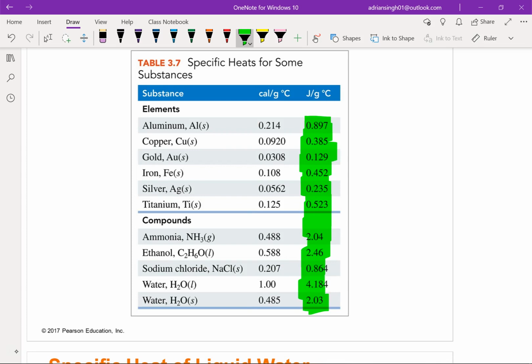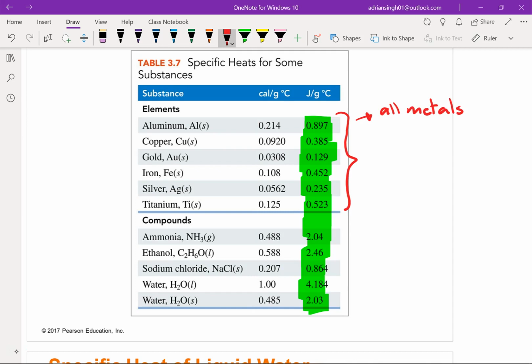So if you look here in the top half of this table, we have aluminum, copper, gold, iron, silver, titanium. Those names should sound familiar to you. These are all metals, right?